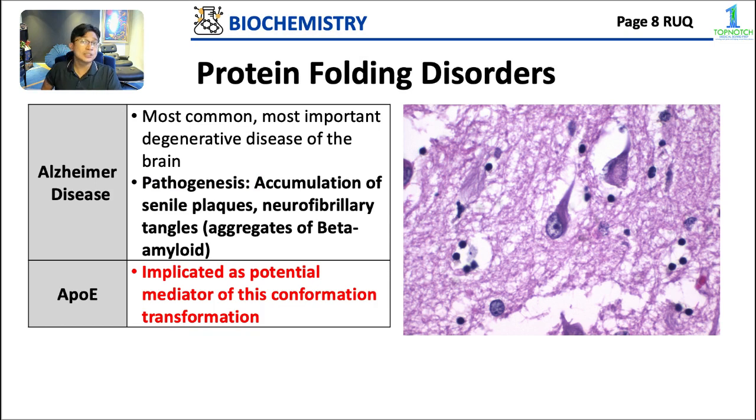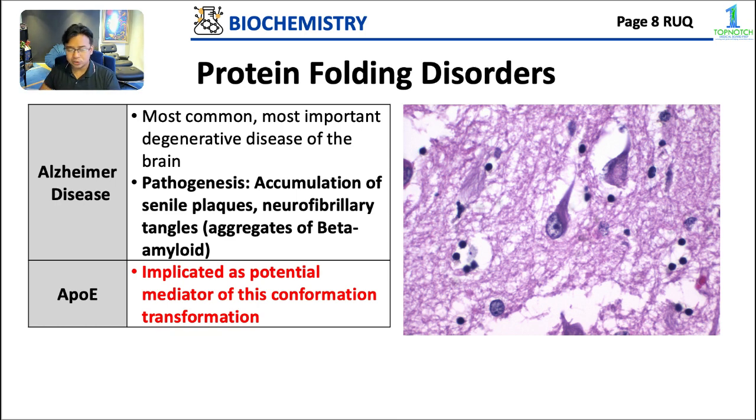Another one is your Alzheimer's disease. A very testable disorder in the board exams. It is the most common, most important degenerative disease of the brain. And ang problema sa kanya is that you have the accumulation of your senile plaques and neurofibrillary tangles containing aggregates of beta amyloid. So this is very dangerous as well.